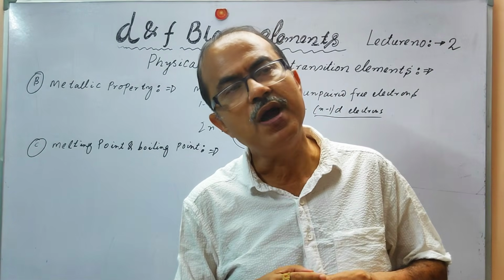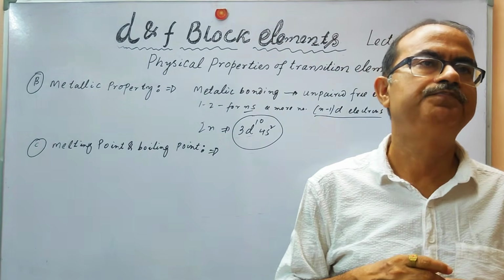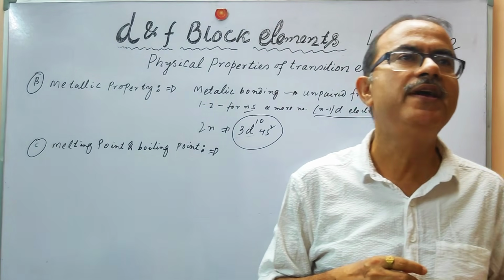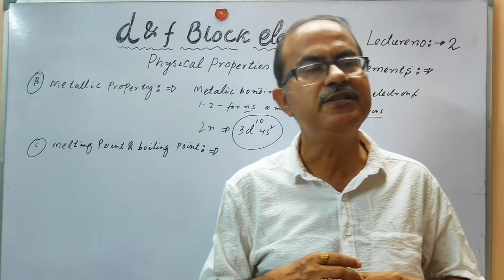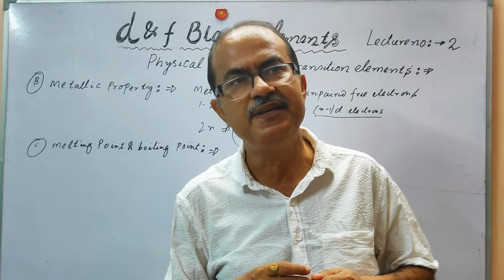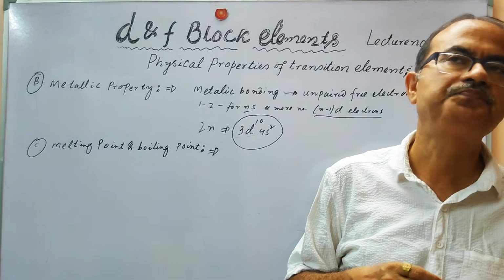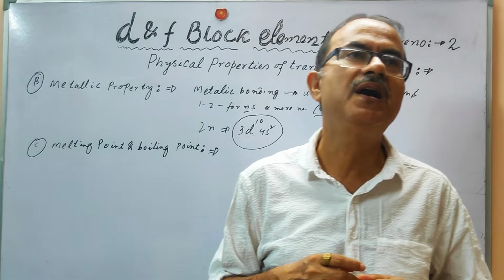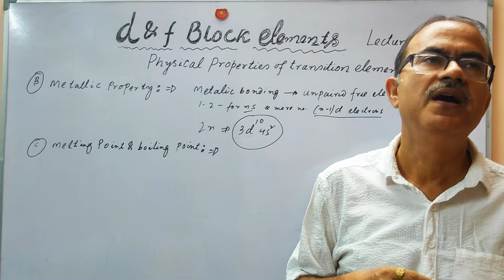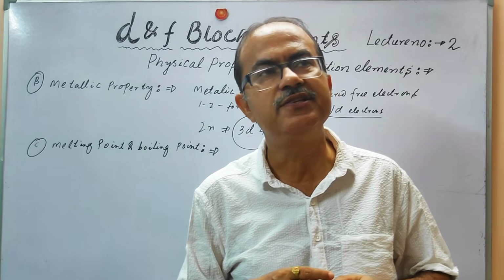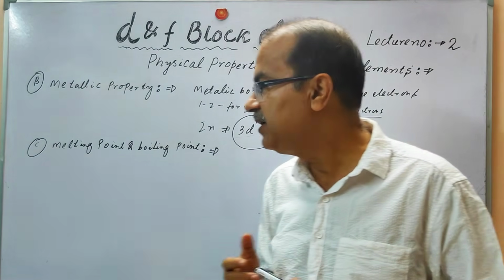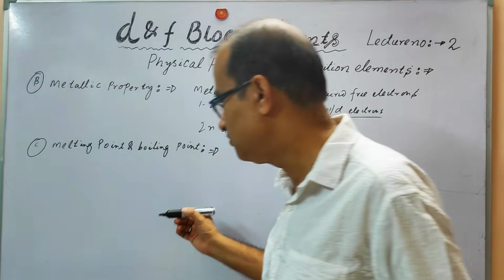When we go across the series, we find a very interesting trend, as we observed in the case of radius also. At the middle of the series you will find the elements having the higher melting point, and it goes on decreasing as the atomic number increases. That we can easily understand from this graph also.